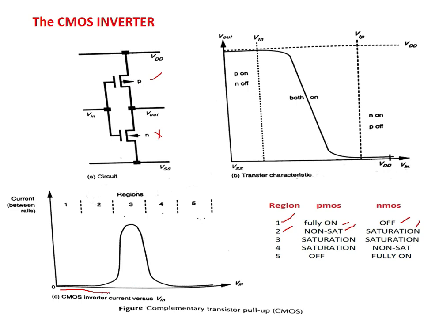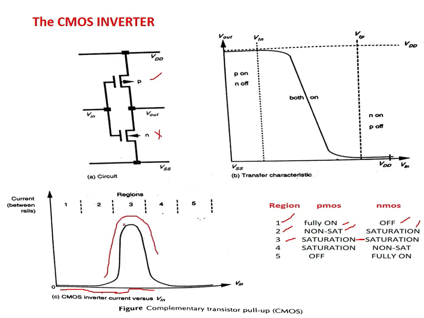Whenever the input is increasing, at a certain point these two transistors will enter the saturation region. Now in the third region both the transistors are in the saturation region. In the saturation region the maximum amount of current flows, that's why the curve increases like this.